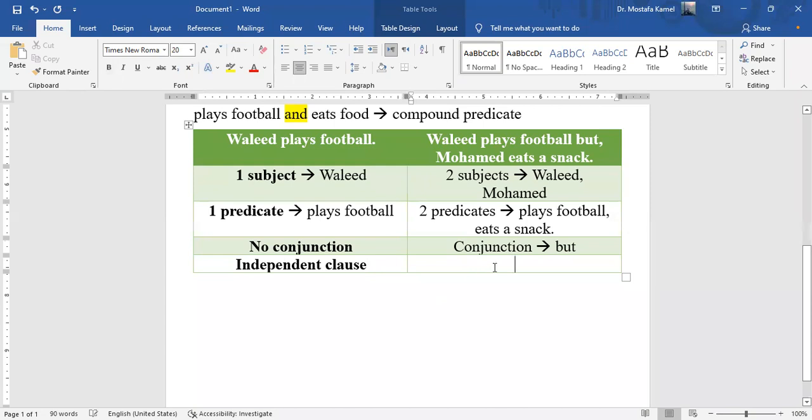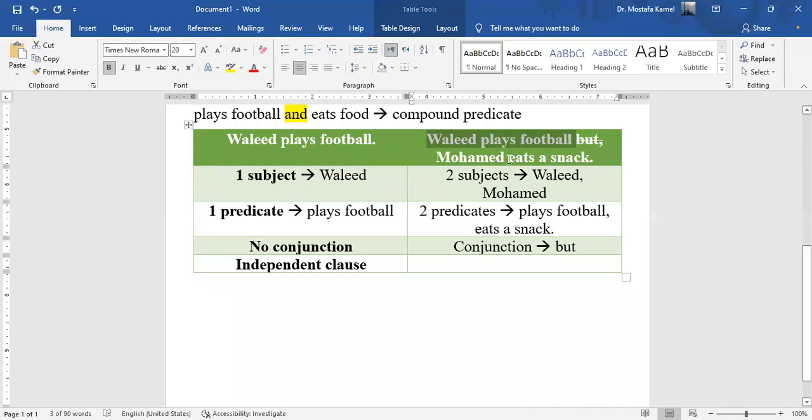Sorry, Muhammad Kareem, what is the conjunction? If we remove the word "but" here, can you read this alone? Walid plays football. Does it make sense? It gives you a meaning, right?